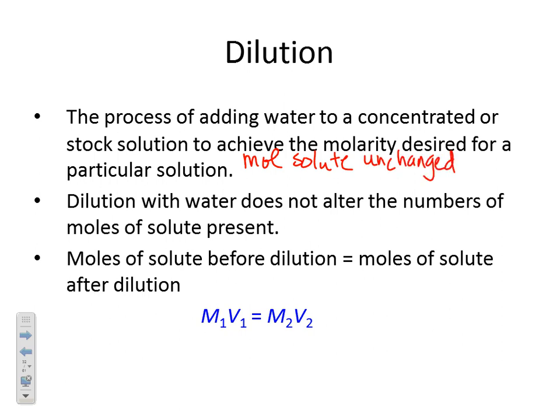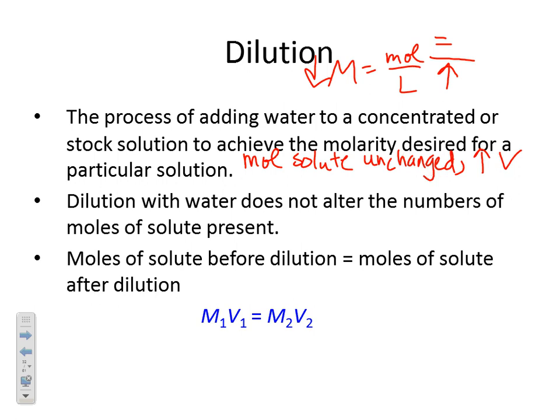If you dilute something, you're adding water, but you're increasing the volume, you're adding more solvent. So molarity is moles per liter. If moles stay equal, but you divide by a larger number, then your molarity is going to go down. Molarity decreases.